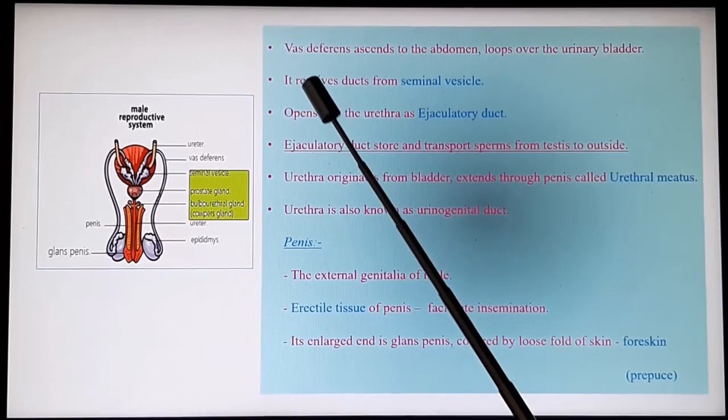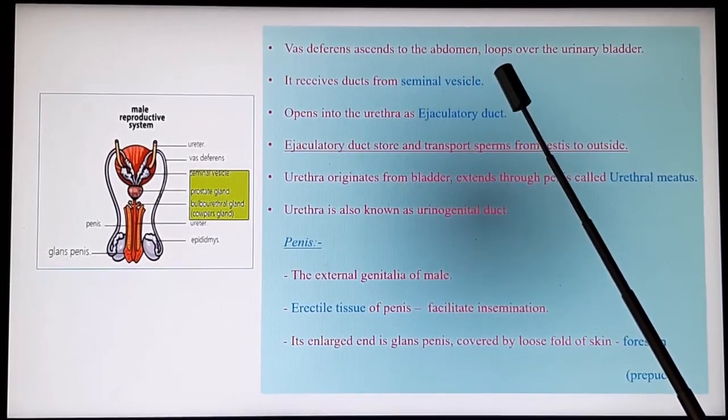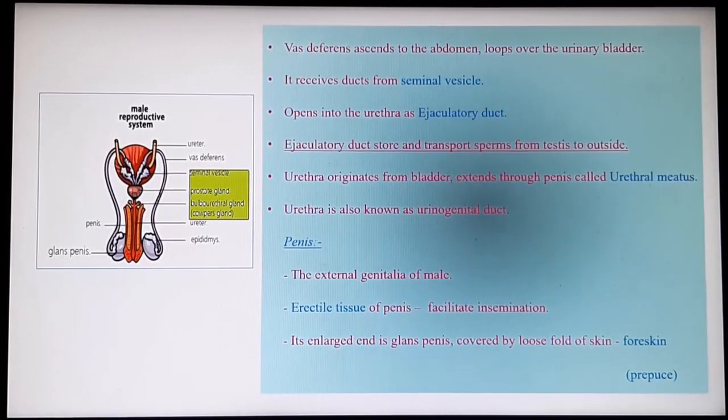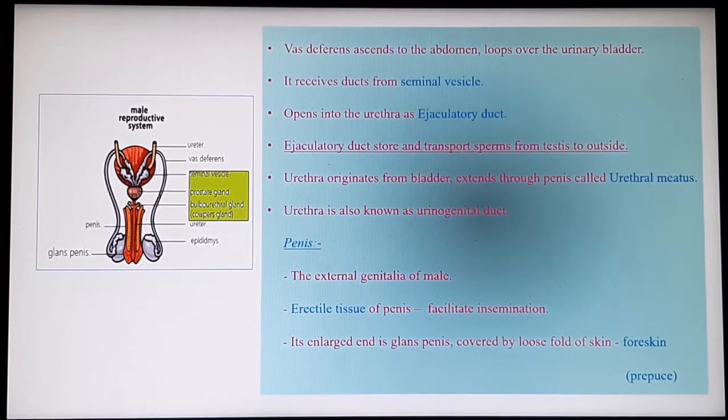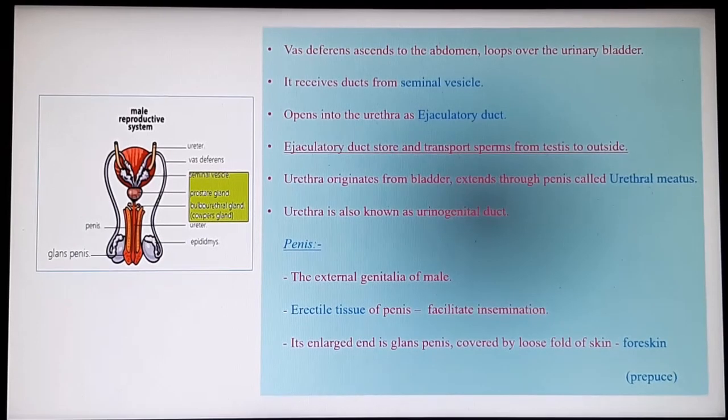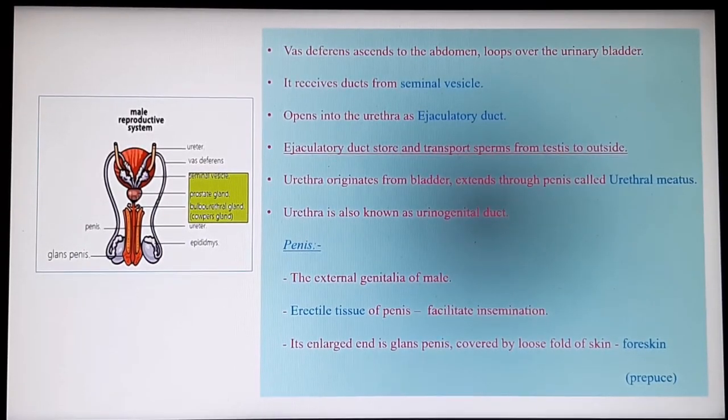We'll see the summary. Vas deferens ascends to the abdomen, loops over the urinary bladder. It receives a duct from the seminal vesicle and opens into the urethra as the ejaculatory duct. The ejaculatory duct's function is to store and transport sperms from the testis to outside.